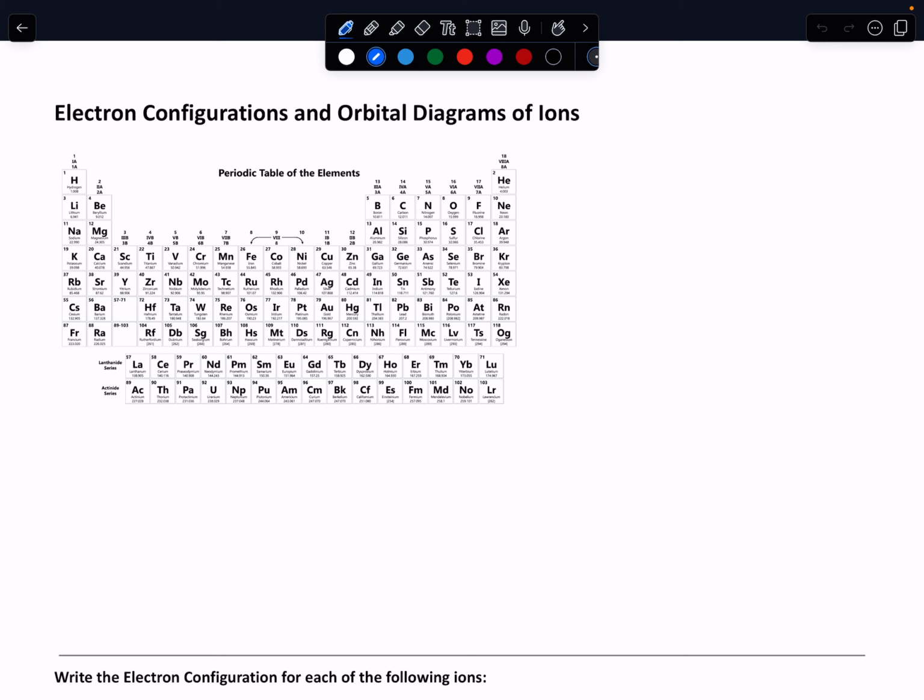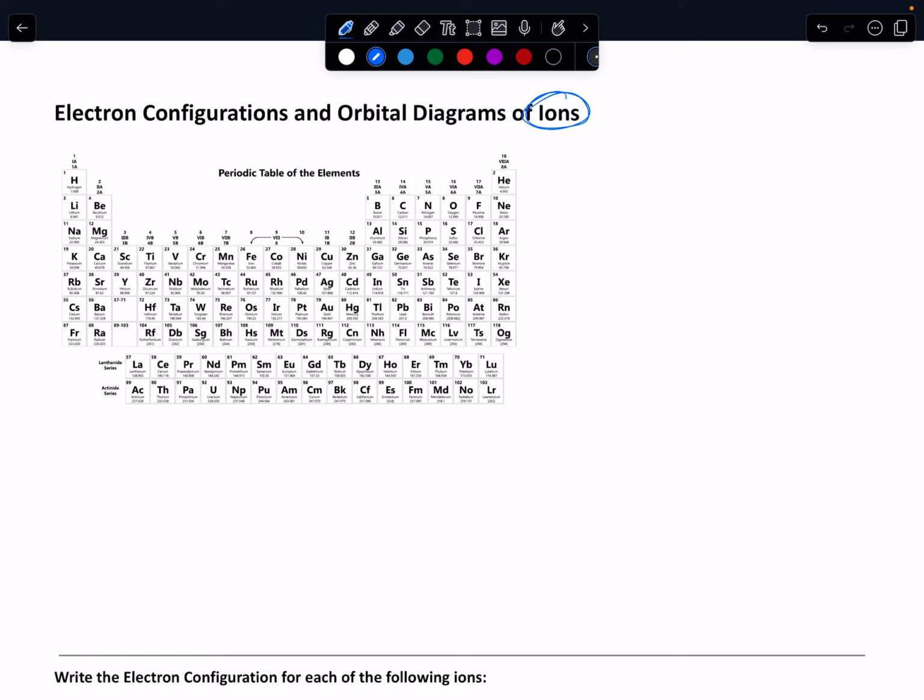This screencast is going to add on to one I did earlier that focused on electron configurations and orbital diagrams of neutral atoms. This one is going to specifically look at writing those configurations or drawing those orbital diagrams for ions.